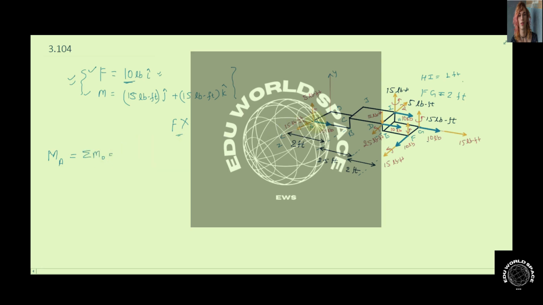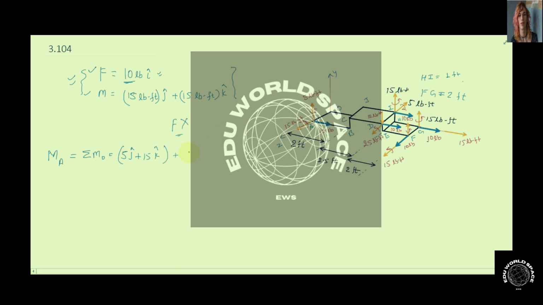We can see here that at point A, two moments are working. The first moment is in the Y cap direction, so this will be 5 J cap, and this 15 is in the K cap direction, so 15 K cap. So this is the moment value, and the force acting here is at a distance mentioned right here. It is given that Fg equals 2 feet.